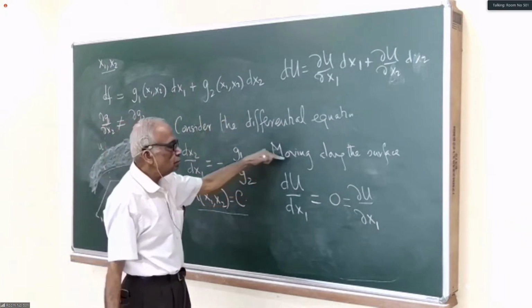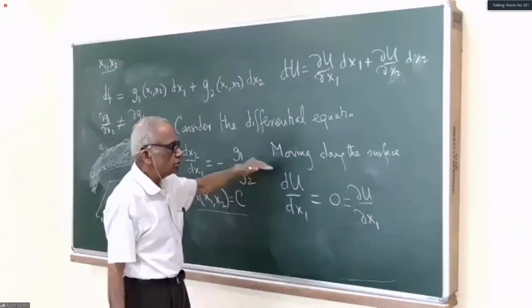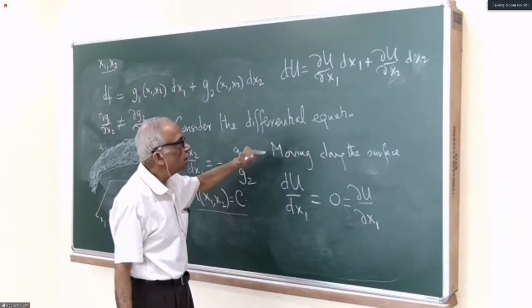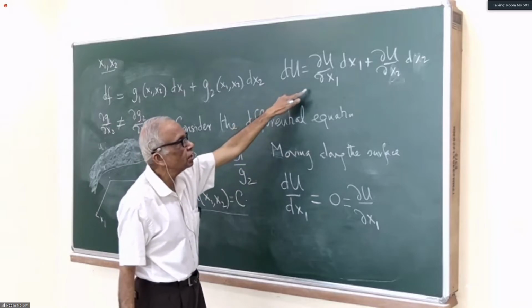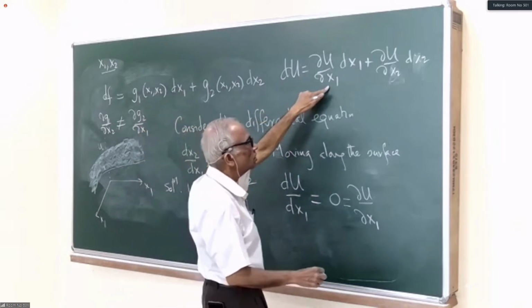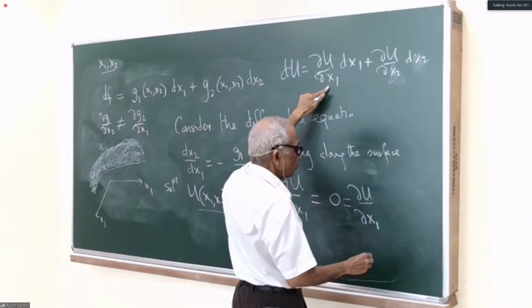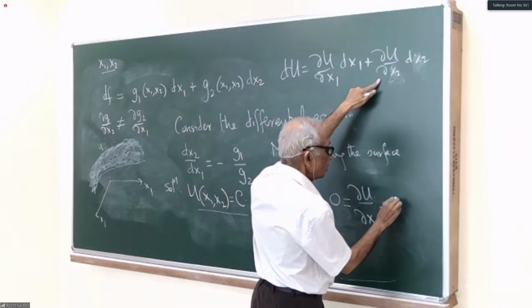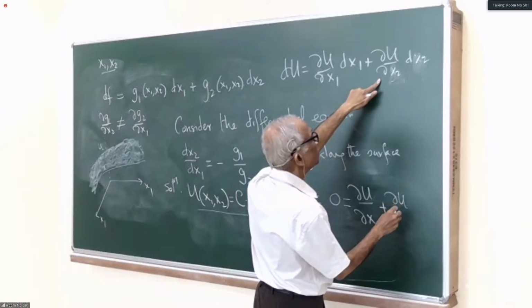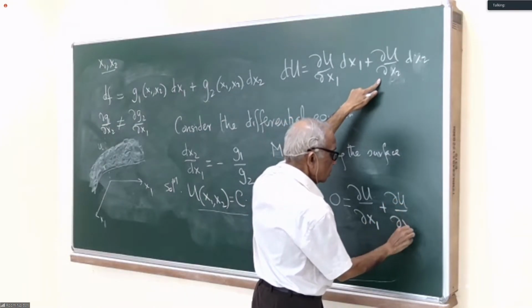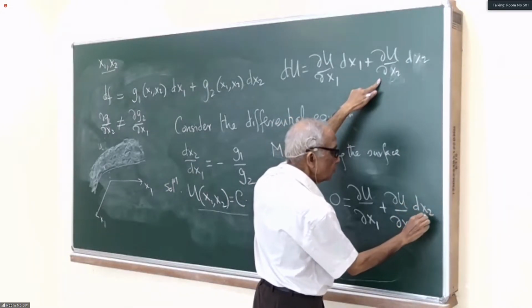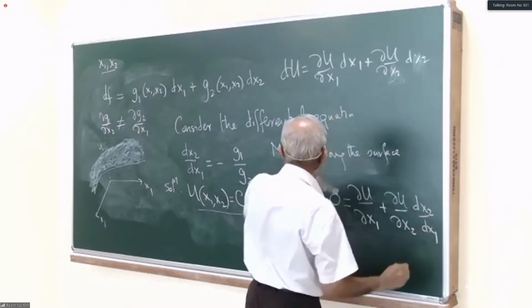So du/dx1, how much does u change as I change x1 along the surface? It is del u del x1, that's a partial derivative with x2 constant, plus del u del x2 times dx2/dx1.